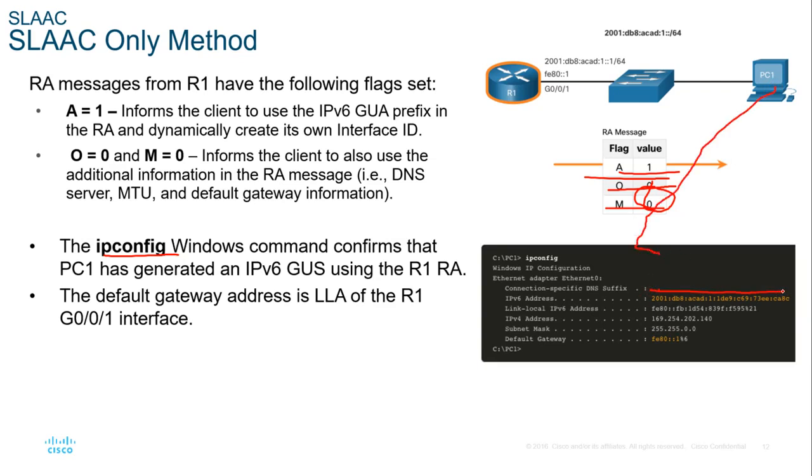This is the IPv6 address, the one that is auto-generated. We have the link local address, which is this. Then we have even the IPv4 address, the subnet mask, and then the default gateway.